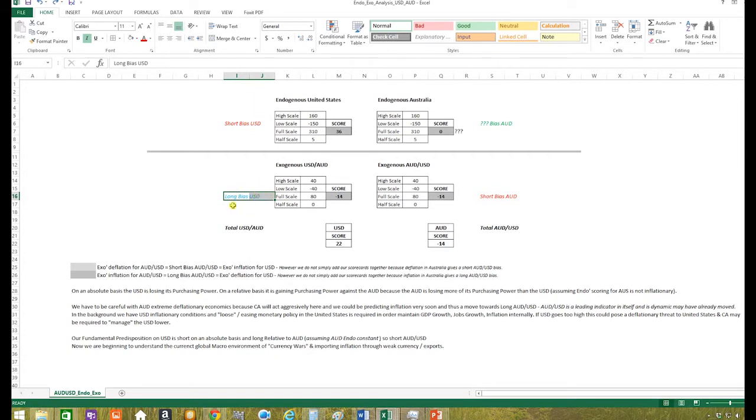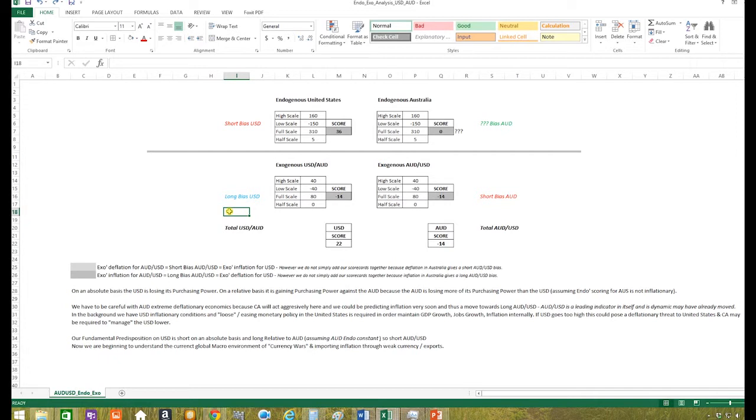And for the United States, our analysis on the US dollar has given us by default a long bias in the US dollar, and the negative score doesn't impact our scorecard for the United States, in the sense that we're looking to gauge whether inflation or deflation in the United States is occurring, because obviously if deflation occurs in Australia, it doesn't necessarily mean that we get inflation in the United States.